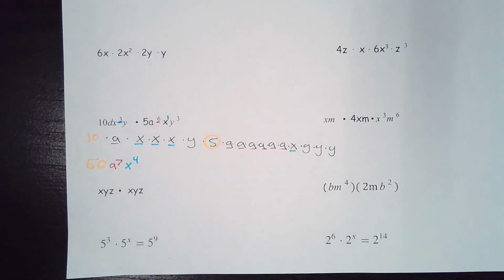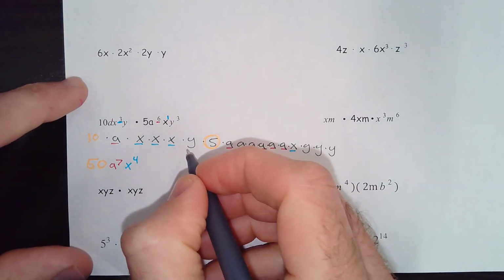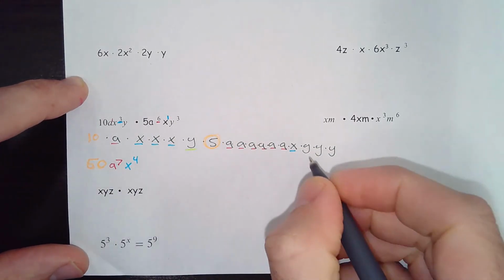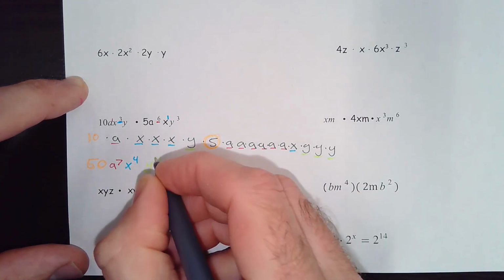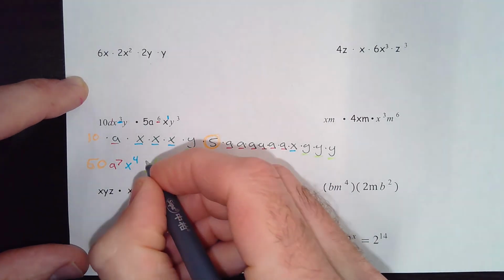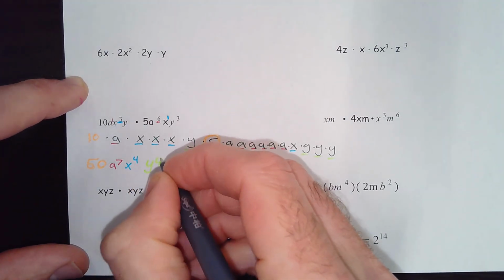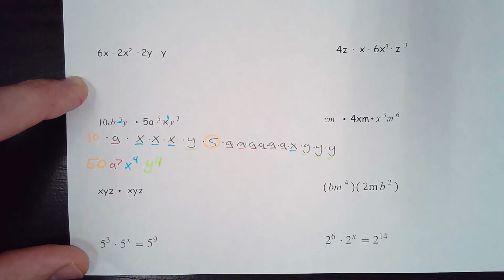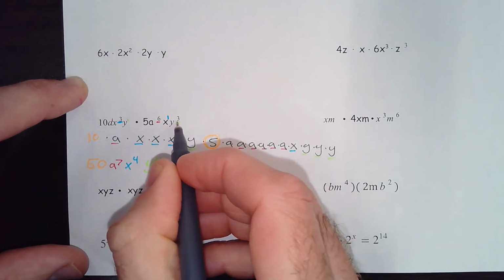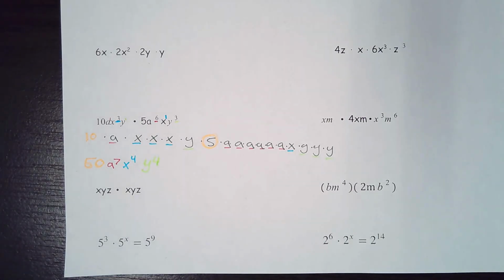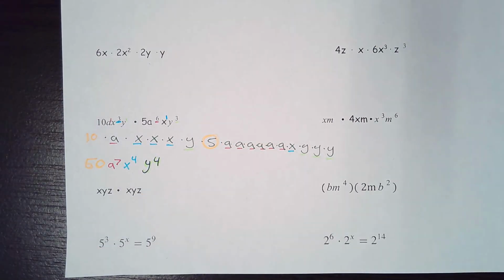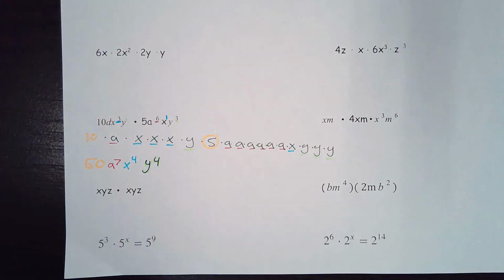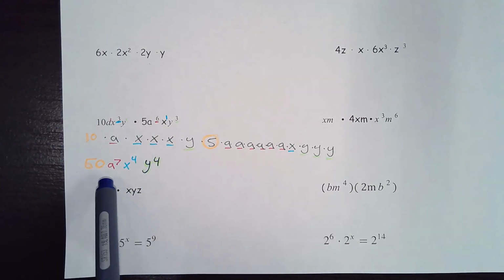We haven't done y, so let's get our y's: 1, 2, 3, 4. So y to the 4th, and that makes sense: 1 y and 3 y's give us y to the 4th. So this whole thing simplifies to 50 a to the 7th times x to the 4th times y to the 4th.